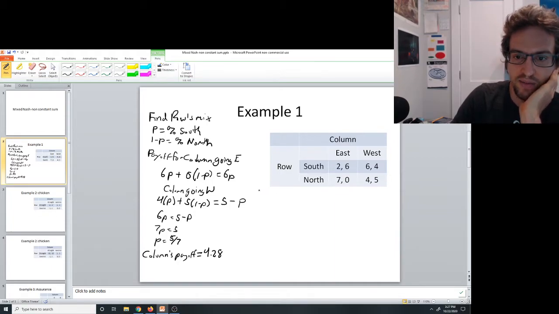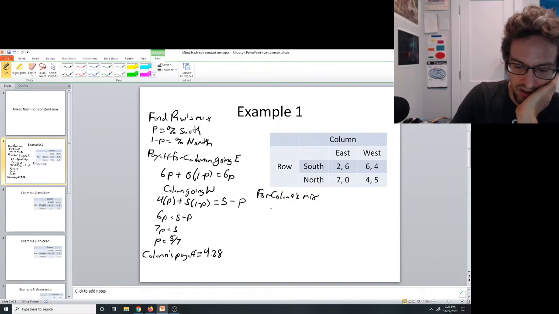All right, then for column's mix, we've got Q equals percent east and 1 minus Q equals percent west.